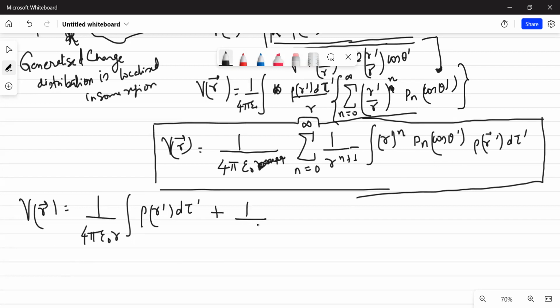plus 1 upon 4 pi epsilon naught, and then I will write r square in this particular term, the second term would be, I think, r dash cos theta dash, and then I will write rho r dash, and then I will write d tau dash. Is that clear, this term?